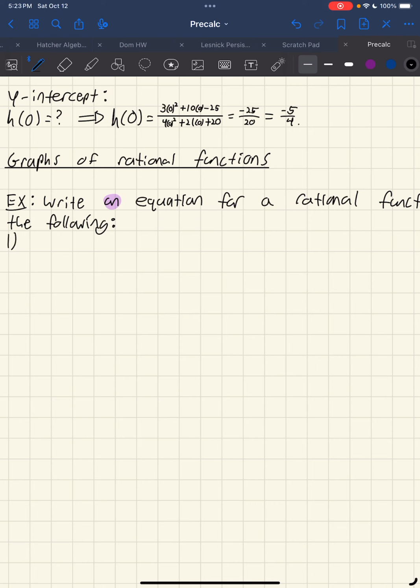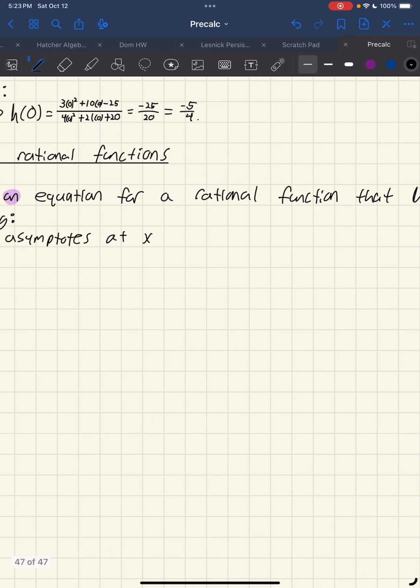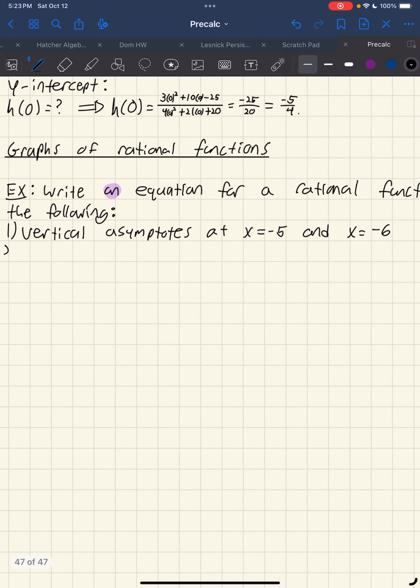Property 1. It has vertical asymptotes at x equals -5 and x equals -6. 2.